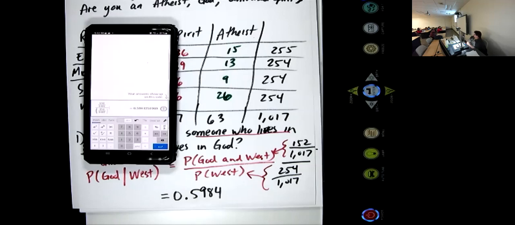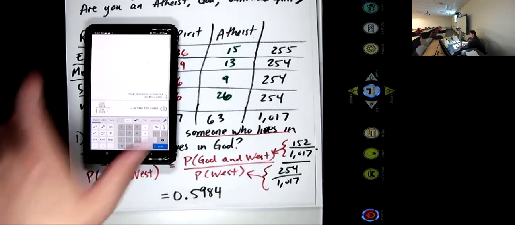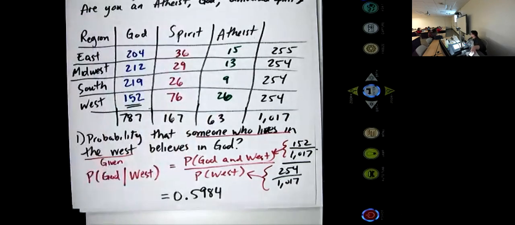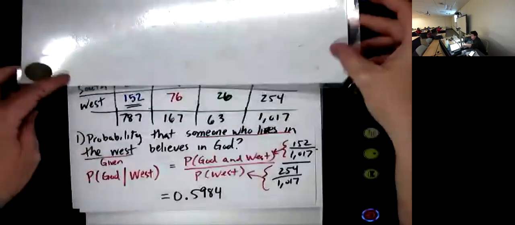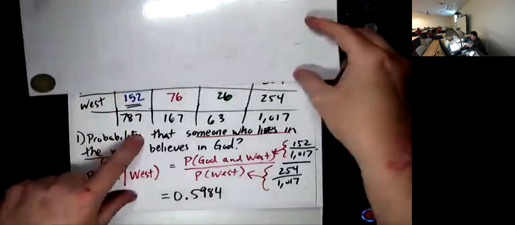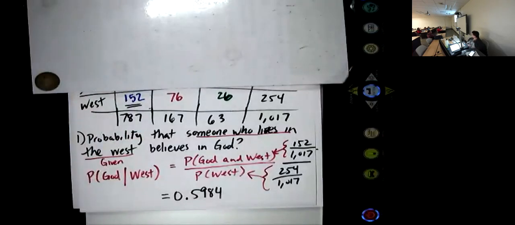That seems like a lot of work, right? Let's reread this and see if we can reason some of this out. What is the probability that someone who lives in the West believes in God? If we only are concerned about the people that live in the West, maybe we should just block out everybody else. This first column is God here. If I block out everybody else, I don't care about the rest. Now I can just focus on what's happening in the West, who believes in God.